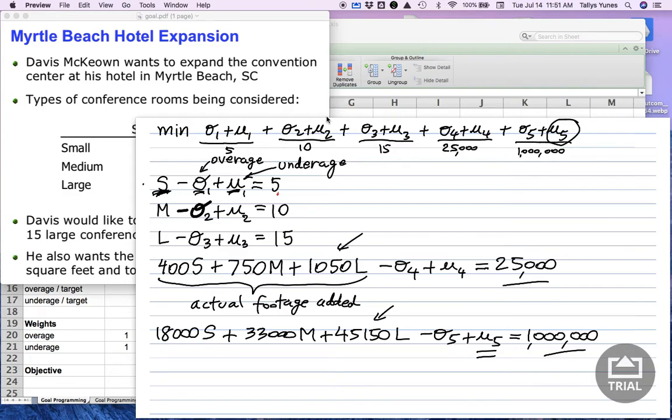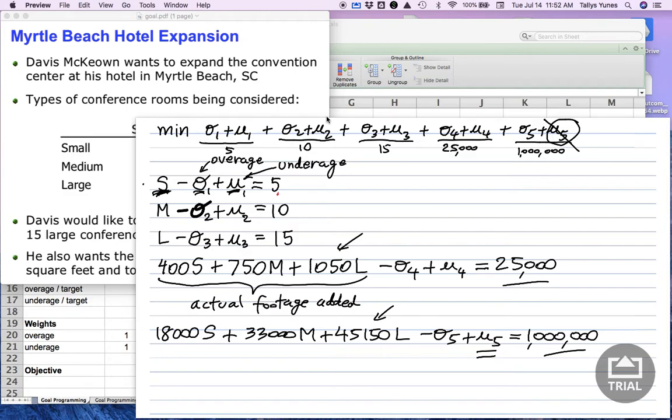So if a deviation is beneficial, you should not put it in the objective because the objective is trying to minimize a deviation. And you only want to minimize things that are bad, things that hurt you. So we could assume here that being under budget is beneficial. So ideally, what you need to do is actually remove U5 from the objective. Don't even put it there. Don't ask the solver to make it small.